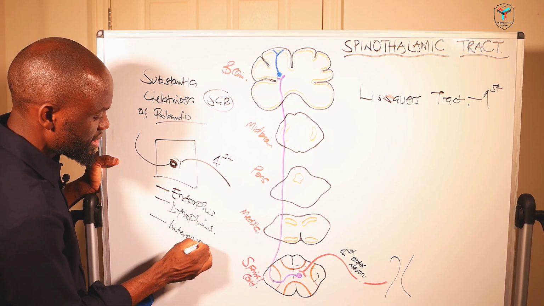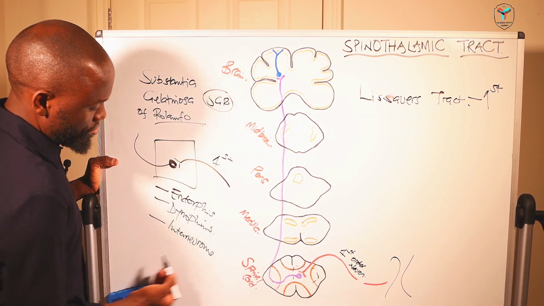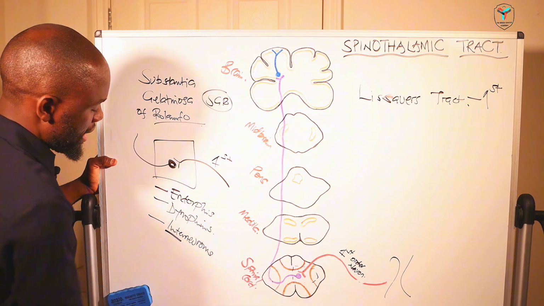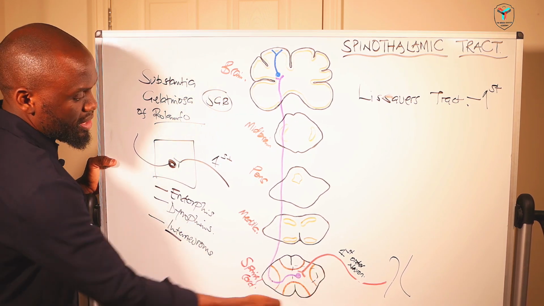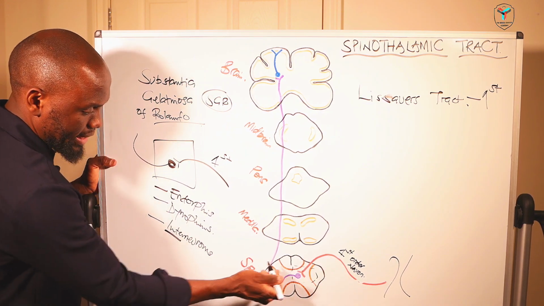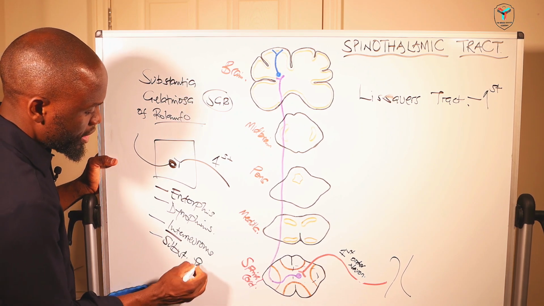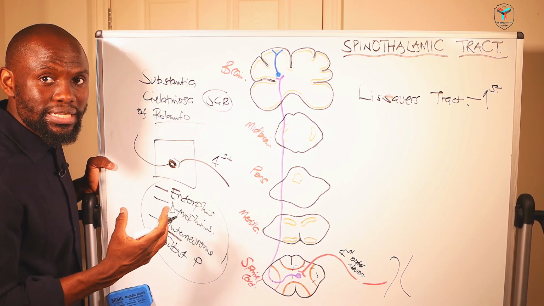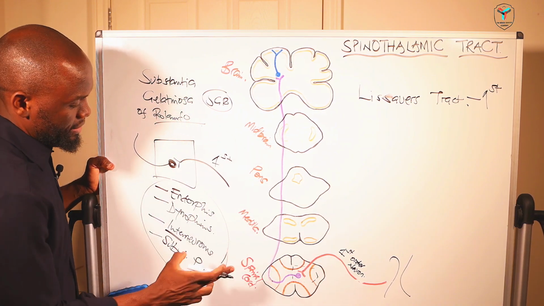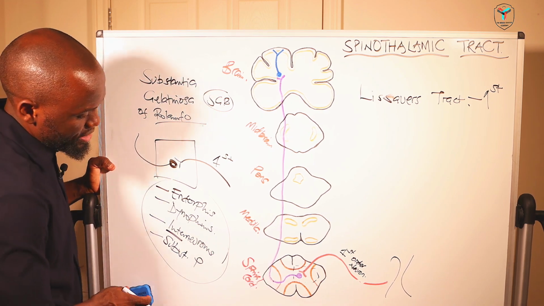Now, interneurons just help you transfer impulses from one neuron to another. From the terminology inter, in between the two neurons here, you will just be having that to help you transfer the message from this first neuron to the second neurons. You also find a lot of substance P here, okay? So these are all important when it comes to the regulation and modulation of pain. So the important area here will be the substantia gelatinosa.